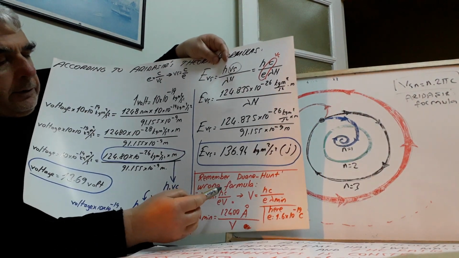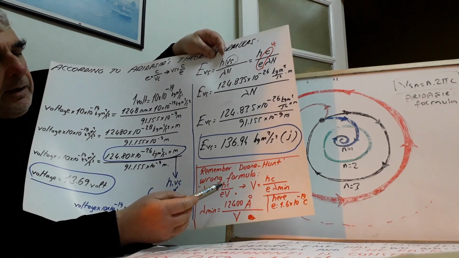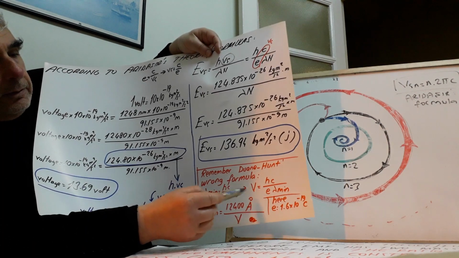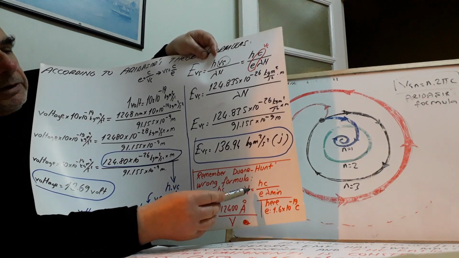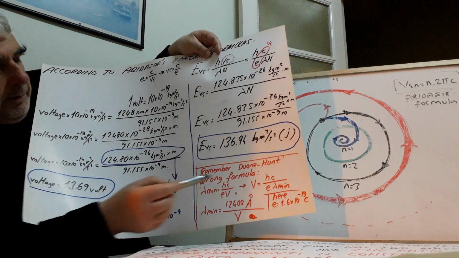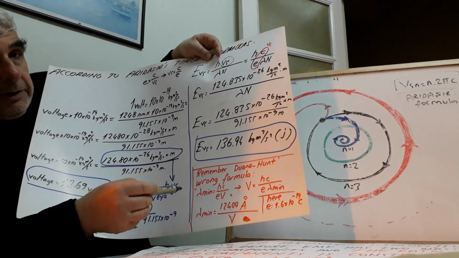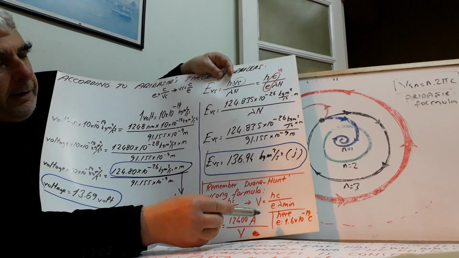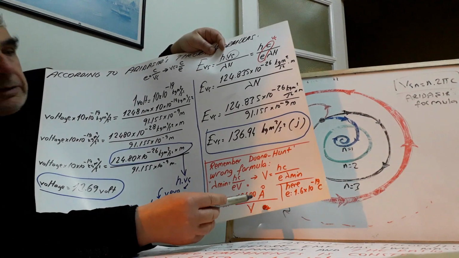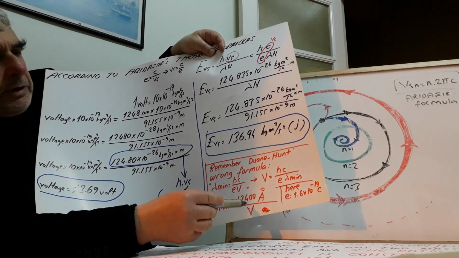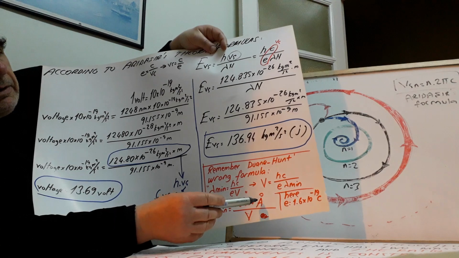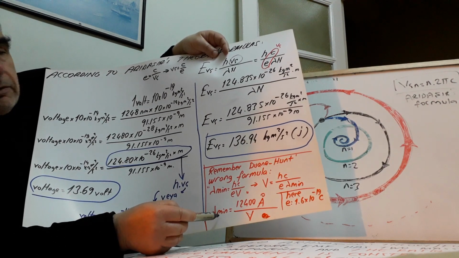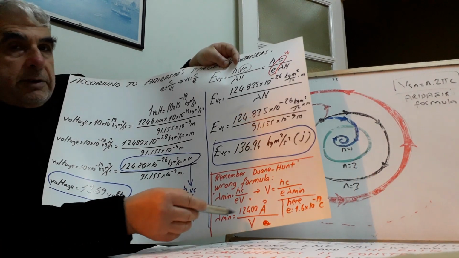Remember Duane-Hunt wrong formula, lambda min equals hc divided by E voltage, or we deduce this, voltage is equal to hc divided by E lambda, like this. Similar but not same, this is wrong. And here, there is unit problem, remember. Angstrom divided by voltage equal to wavelength unit. It is impossible.